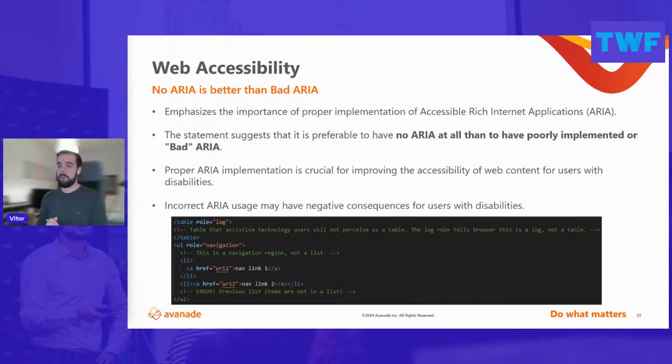This is a good example: we have a role of log on the table element, and this then is going to be perceived by the assistive technologies as a log, not as a table. And this can be confusing as well. And again, we have a UL here with role navigation, but this is a list. This is not a navigation region. You should do like I showed you in the first demo, where I have the nav semantic HTML, and then we have the list in a proper way. So that also is very important.